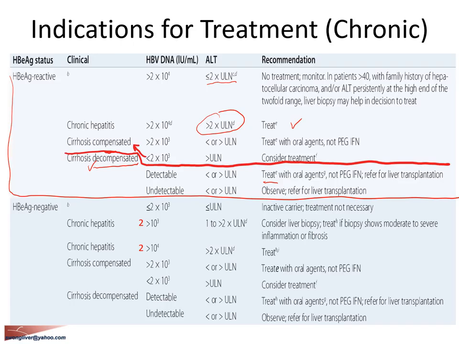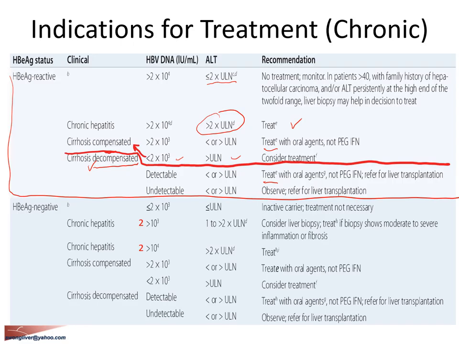So if you have a compensated liver cirrhotic patient and very low viral levels, if the ALT is high, then you consider treatment. I will start treatment already. In patients with higher DNA levels, regardless of your ALT levels, then you have to treat.